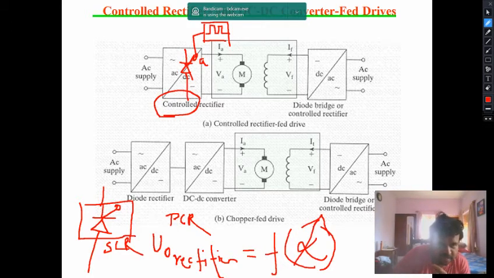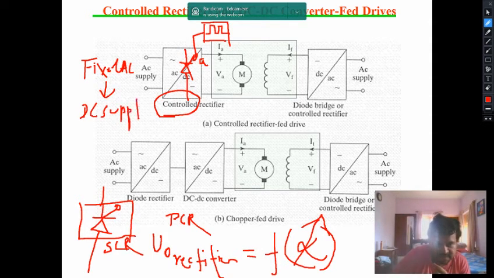Basically you are converting a fixed AC supply to a DC supply. Every rectifier does that, converting a fixed AC supply to a fixed DC supply.